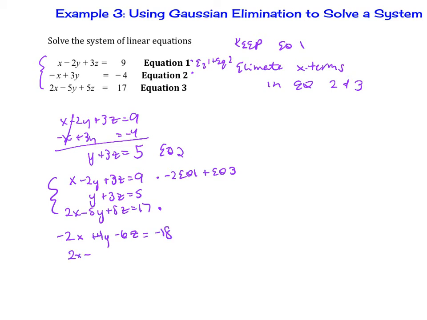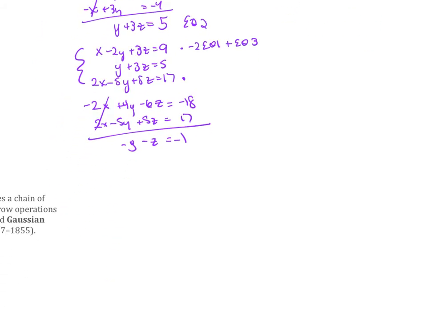I'm going to add that to equation 3, and now I get negative y minus z equals negative 1. Then I rewrite this: x minus 2y plus 3z equals 9, y plus 3z equals 5, and negative y minus z equals negative 1.